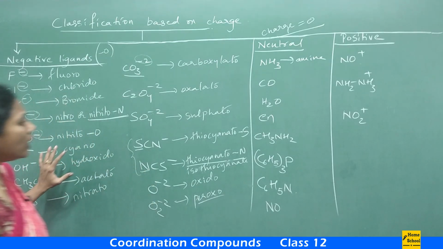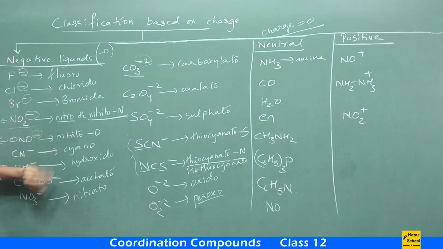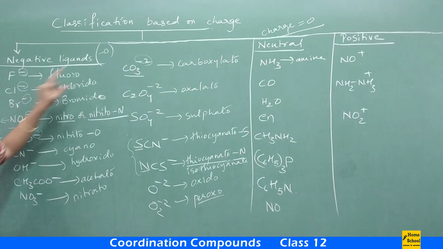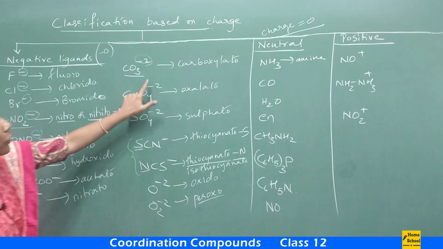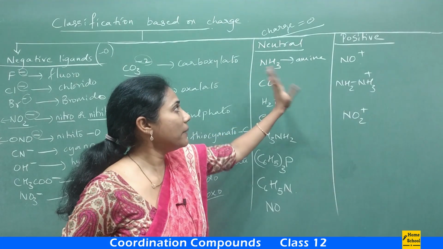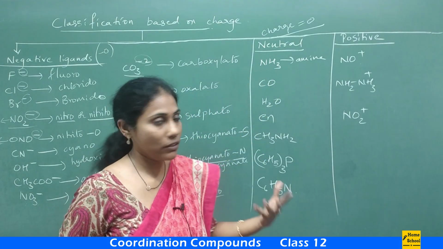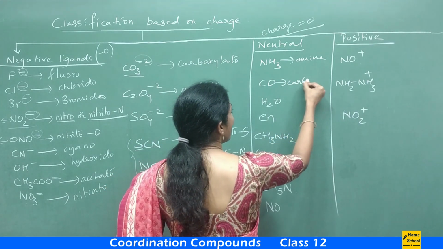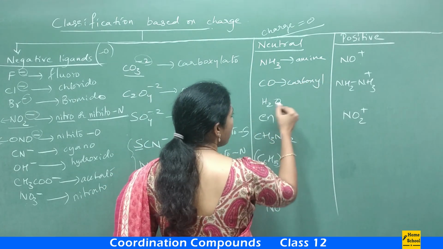See here, in all negative ligand names, if you observe, the ending was with the letter O, but here there are no such things, so their common names can be used as their names. CO is called carbonyl ligand, one of the strong ligands we say.